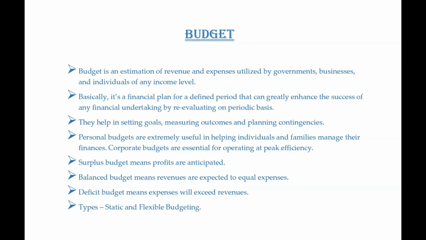And measuring outcomes: we think, okay, this is the budget, I'm going to plan this way, and in future it will generate this kind of income. But it is not always going to be like that. Sometimes, based upon market conditions, or as I'm saying, contingencies, or we might fall sick and need a huge amount of money for treatment.